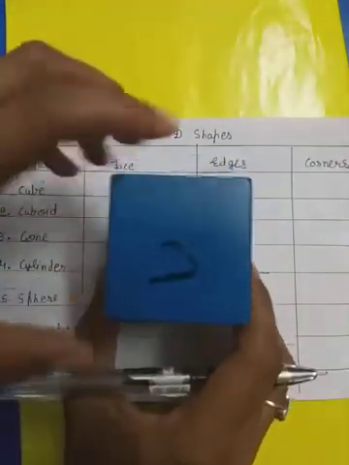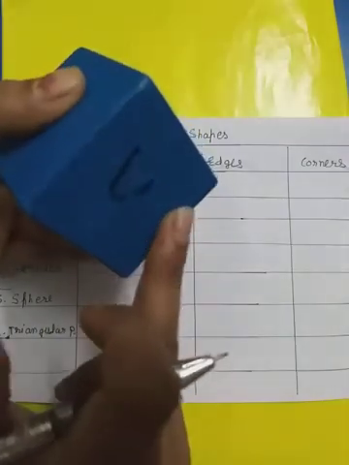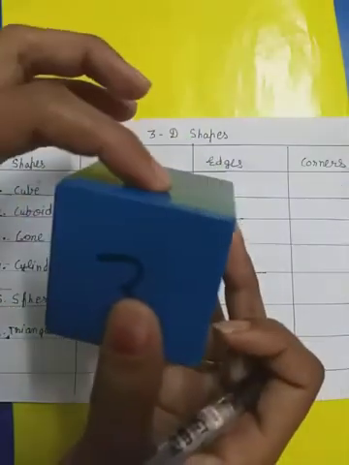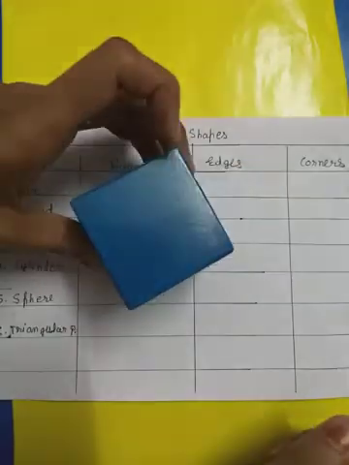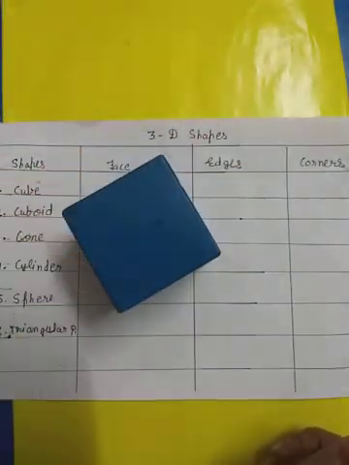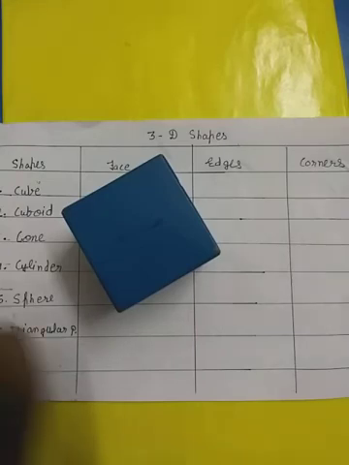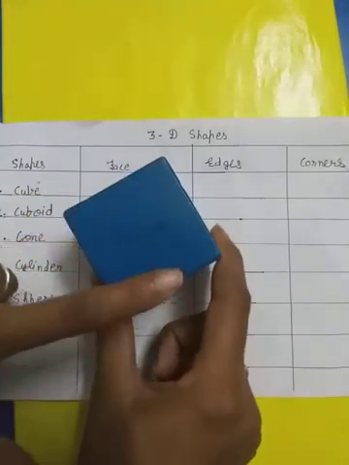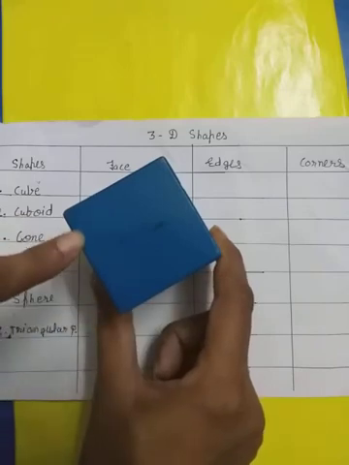Now I can put this one like this, so this one is a face. This one is a face, and I can put it here like this also. How can we put a shape? These are called faces. So this one is a face of this shape.